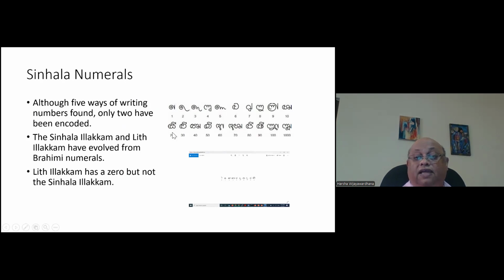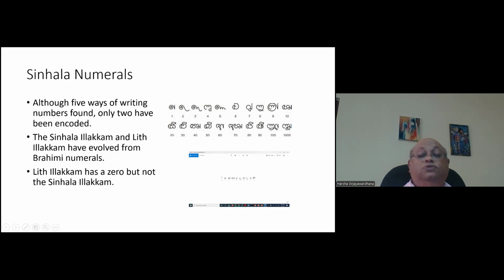Then we have, as I told you, 10, 20, 30, which the Tamil numerals don't. They are also a multiplicative additive system. But the Tamil numerals don't have symbols for these up to 90. They have 100 and they have 10, 100 and 1,000.